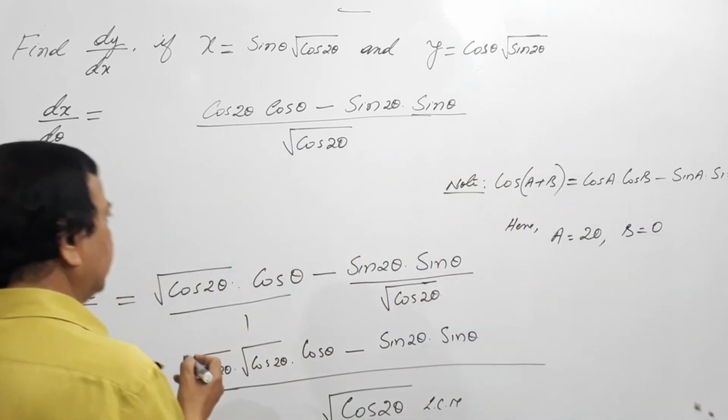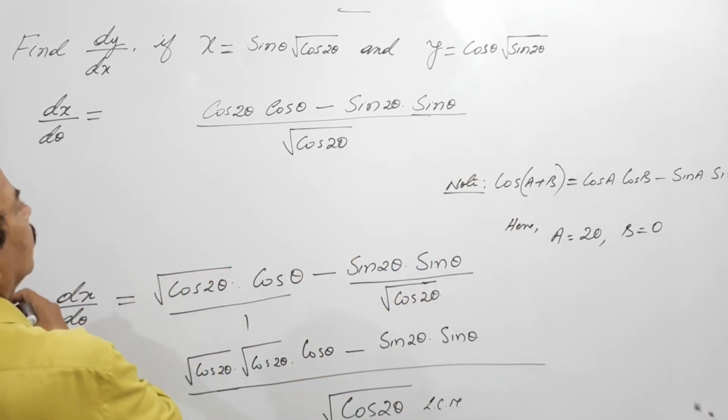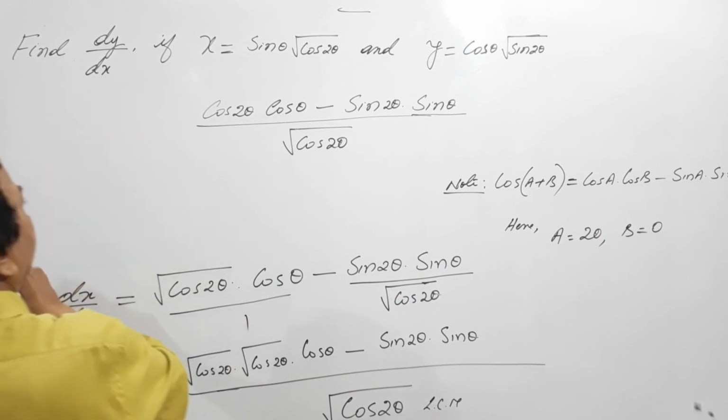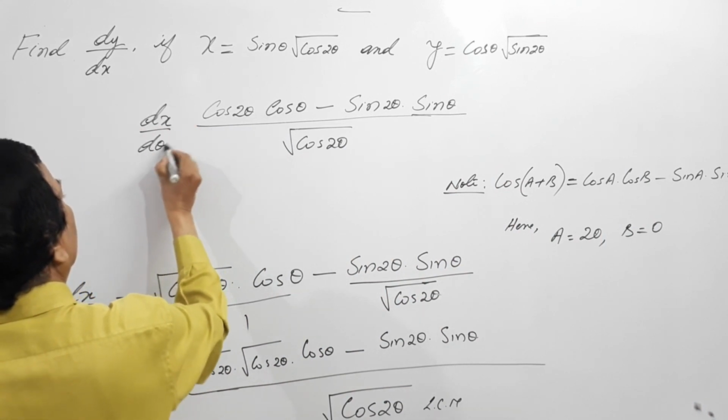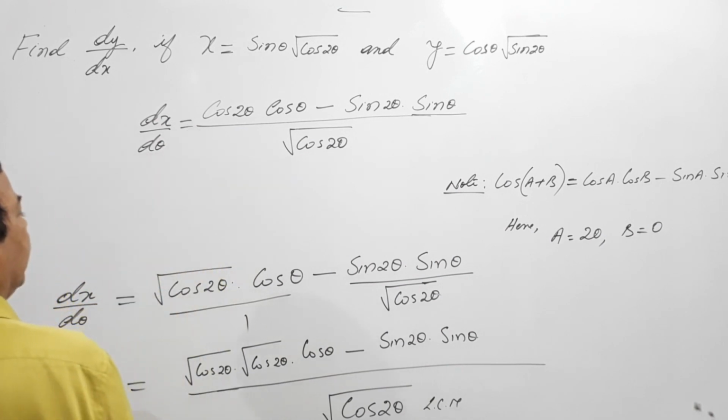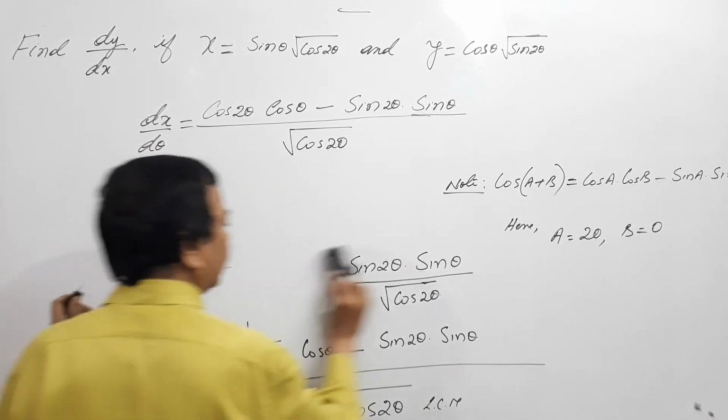Remember this. So what happens here? So dx by d theta equals to this.